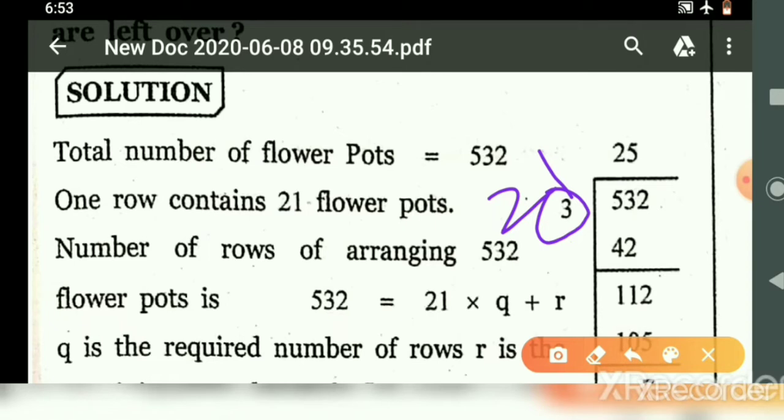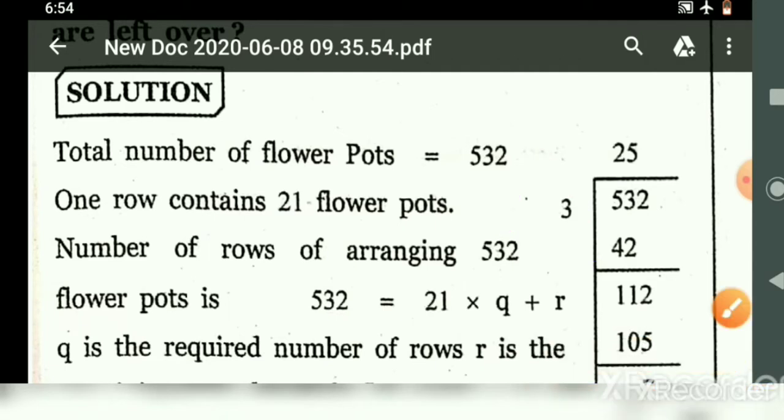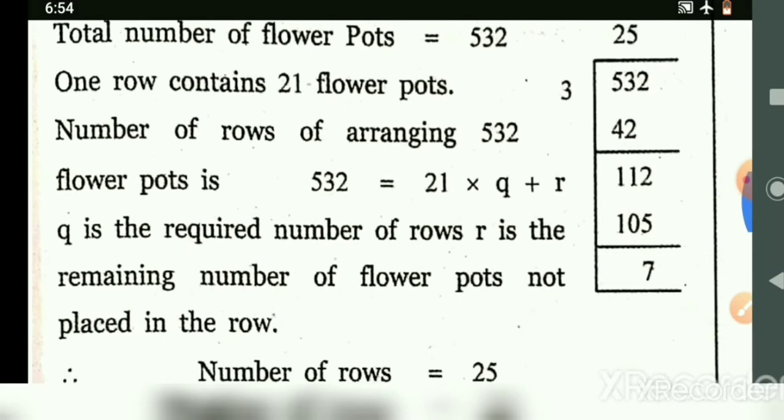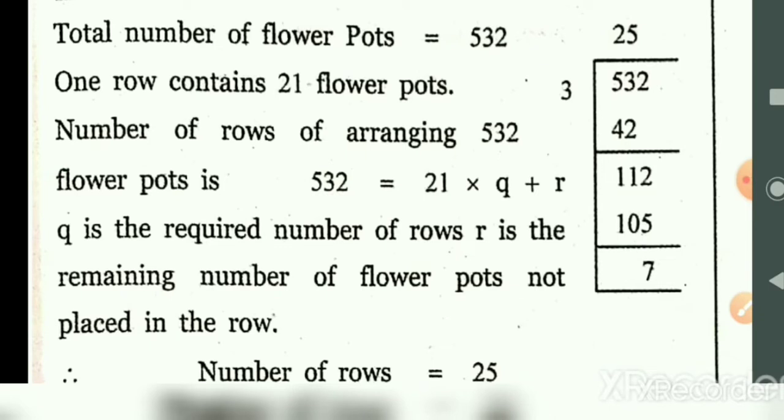So 532 divided by 21: 2 times 21 is 42. Subtracting, we get 112. Then 21 into 5 is 105, so the remainder is 7. Using the division algorithm, 532 is equal to 21 into q plus r, where the quotient q is 25 and the remainder r is 7.